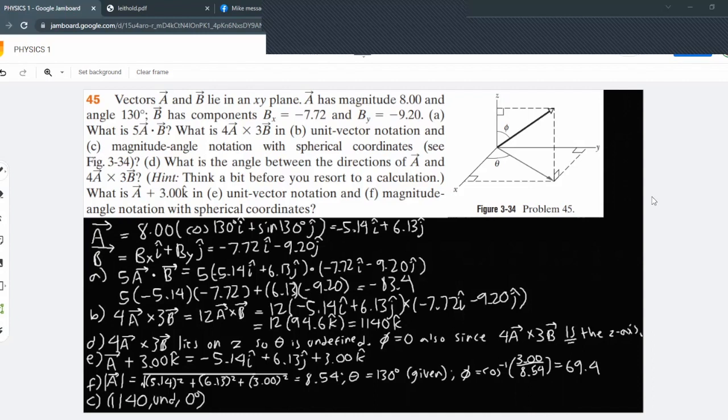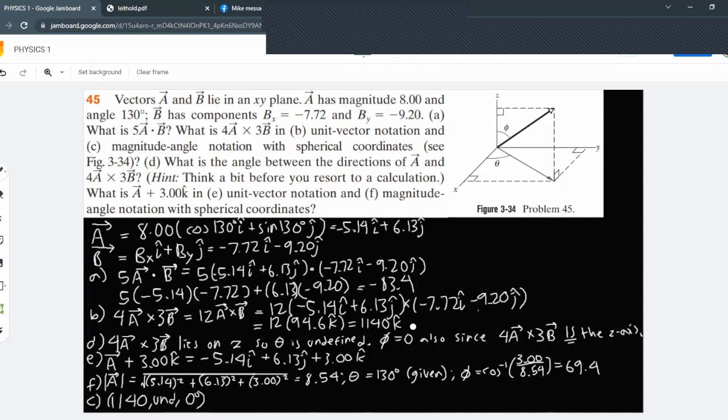And then we'll make sense of it. For A dot 4A cross 3B, take the components of 4A cross 3B.